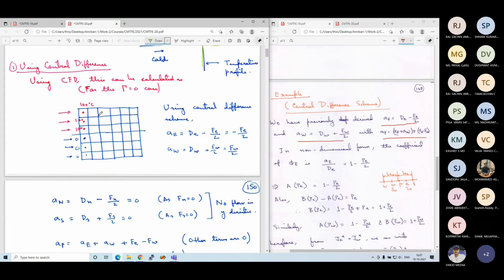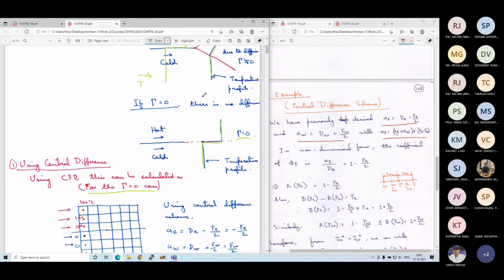We are not bothered with it. So we will be looking at the gamma equal to 0 case, because it will be clear in this case that even if there is slight false diffusion, the temperature profile should remain sharp like this.